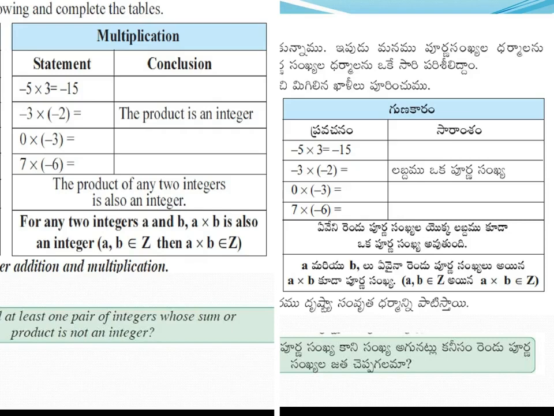Therefore the conclusion we write is: the product is an integer. So the product of any two integers is an integer. For any two integers a and b, a into b is also an integer. So integers are closed under addition and multiplication.